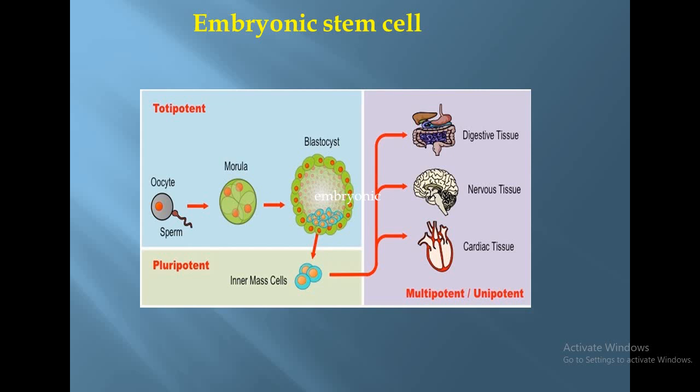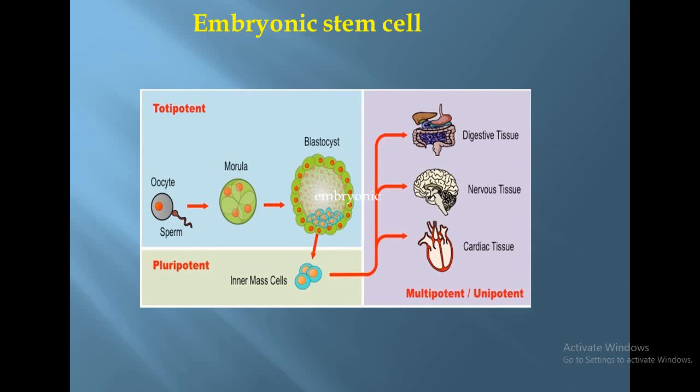Embryonic stem cells are controversial because they are collected from an early stage embryo, even though the embryo only consists of 100 to 200 cells at this stage.